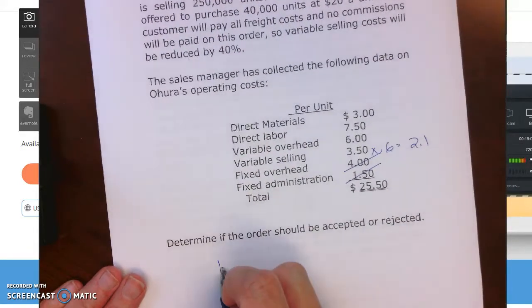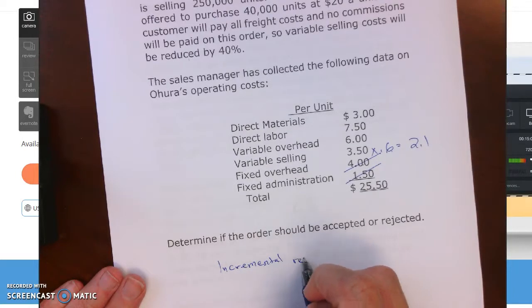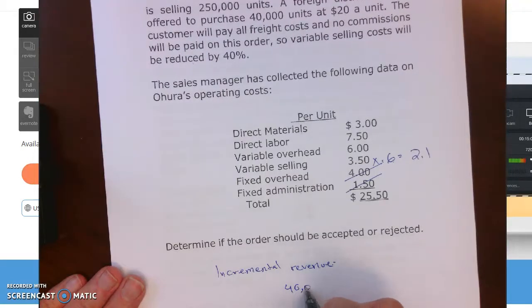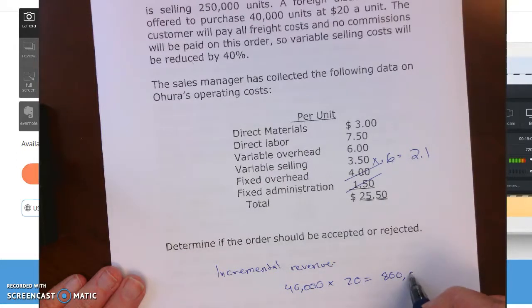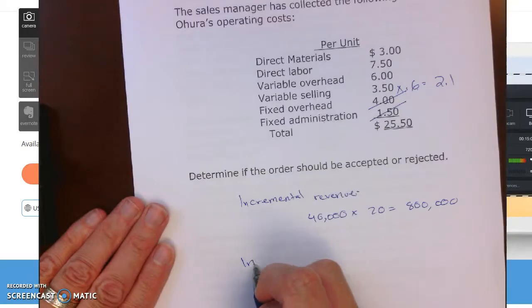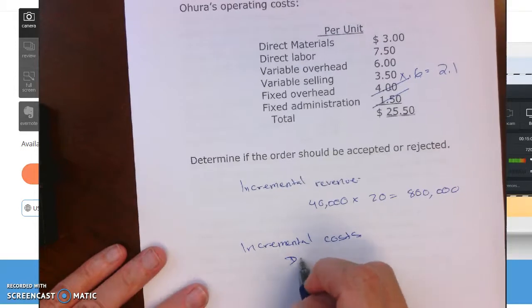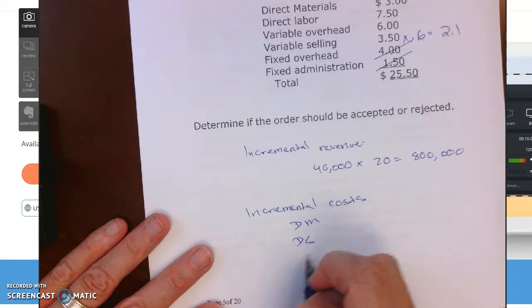So I'm going to come over here and say my incremental revenue is going to be equal to my 40,000 units times my $20, which gives me 800,000. And then I can come over here and say my incremental costs: my direct materials, my direct labor, variable overhead, and variable selling.